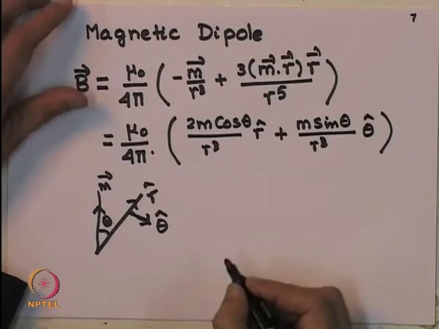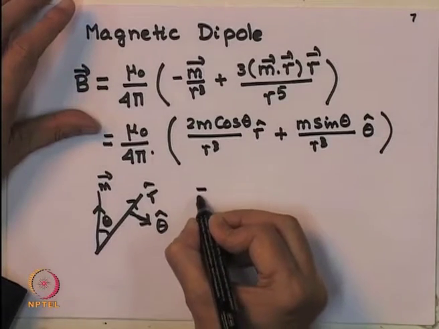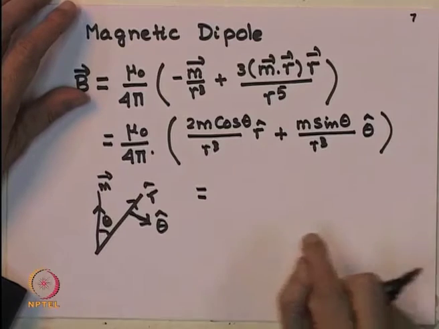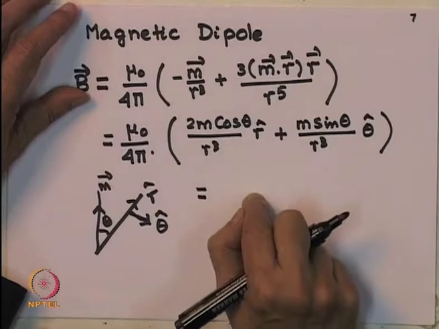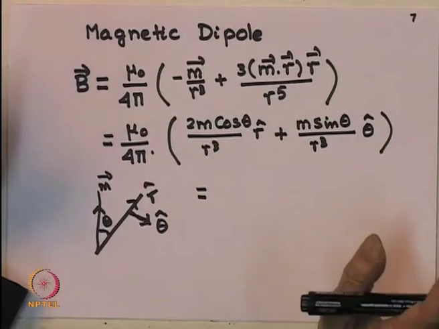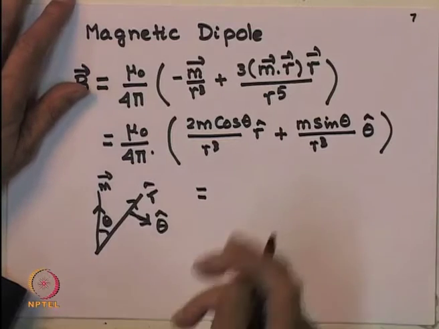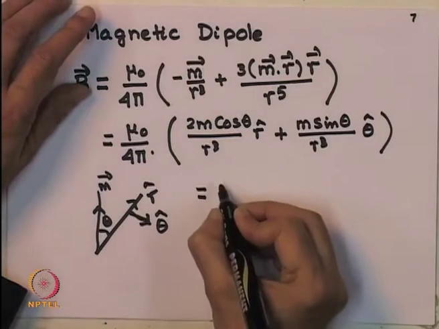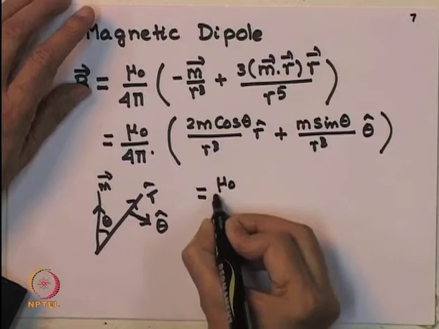Now, I want this quantity to be written as minus mu 0 times the gradient of a quantity. I claim that this can be trivially shown, with mu 0 by 4 pi.